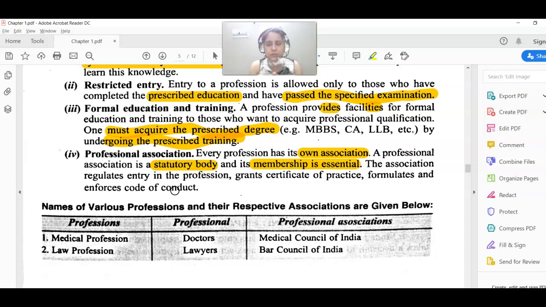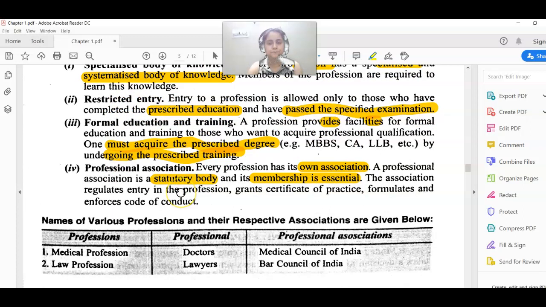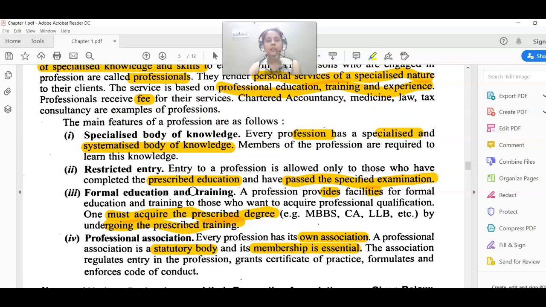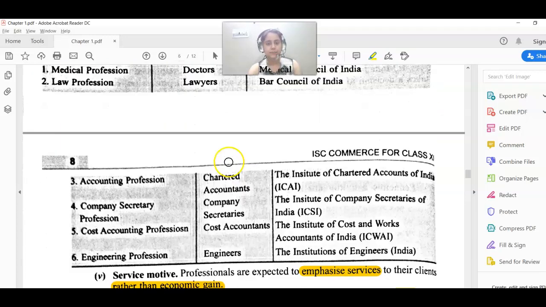Those are big words for you right now, and that's enough for you right now. So the body governs who will be the member, and further these professionals, their motive is not to earn money but to give their personal services. Okay.